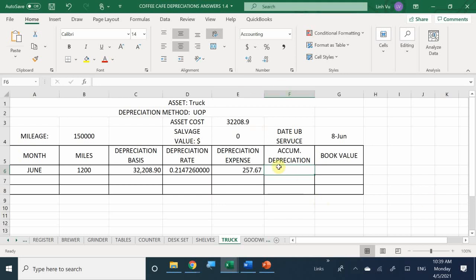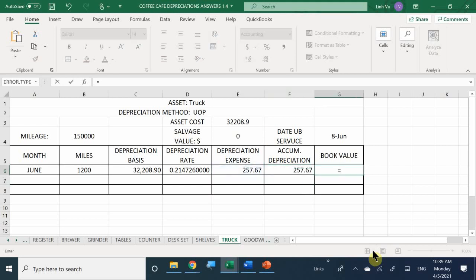Okay. So again, if you'd like, you can solve for what your asset should be worth now, after the book value. So I'm going to do book value, right? So it's going to be your asset cost minus accumulated depreciation.